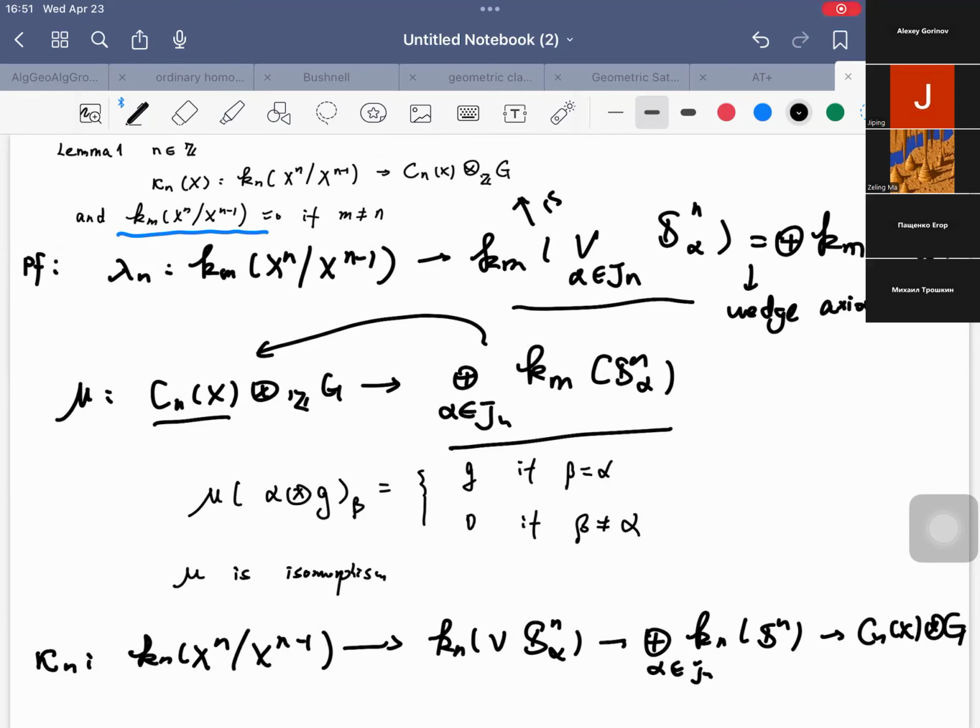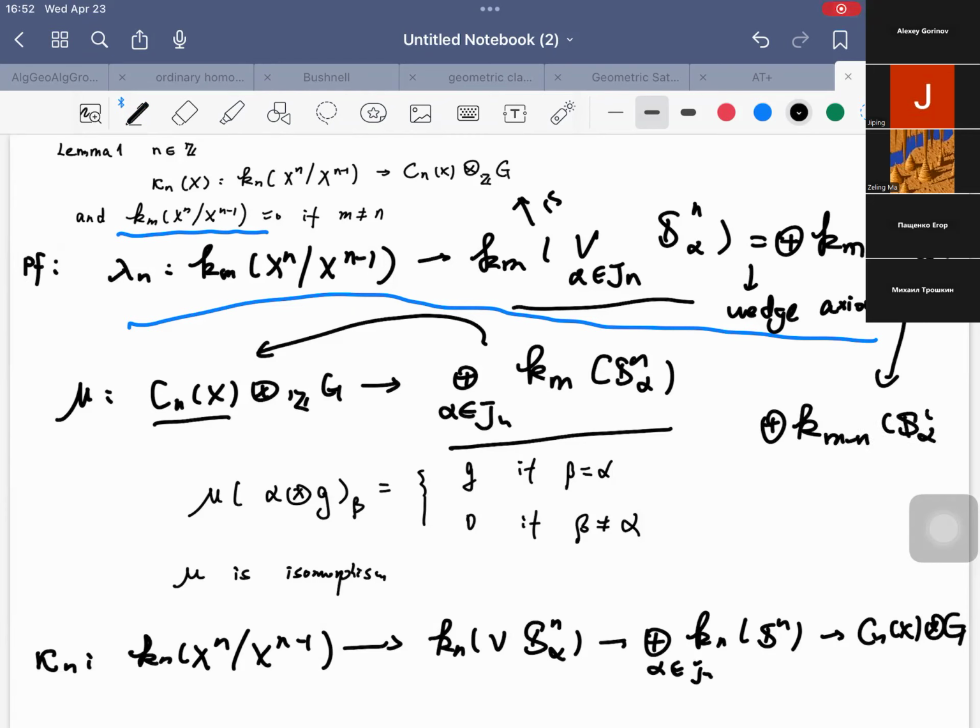This is a very easy fact because it follows from here. The next step is just the sum of K_{m-s}(S^0). Here k is ordinary homology. If m is not equal to n, they will vanish. They will equal 0.